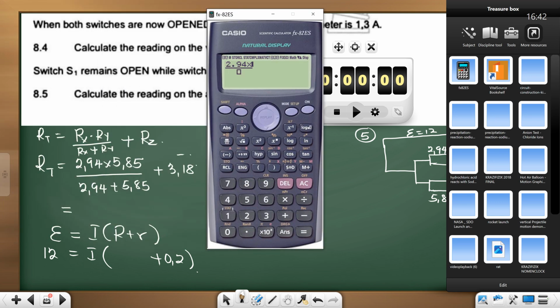Product 2,94 times 5,85. Sum 2,94 plus 5,85 plus 3,18 because it's in series. That's my entire resistance. Now plus 0,2, and then 12 divided by that. 2,248, which is 2,25.